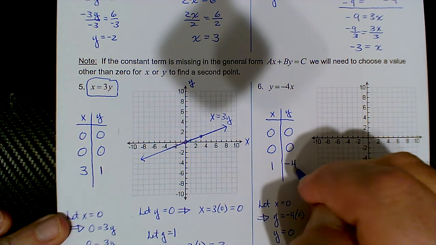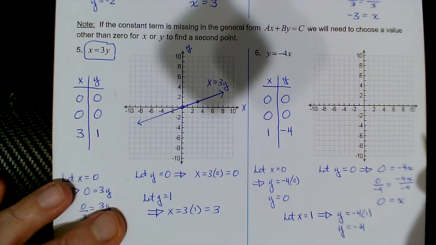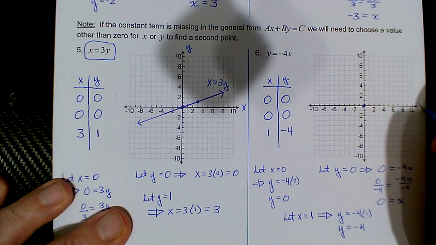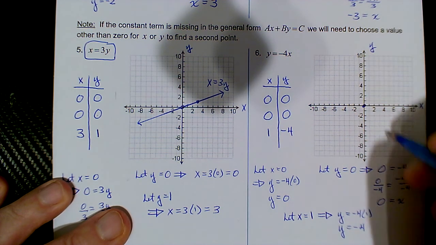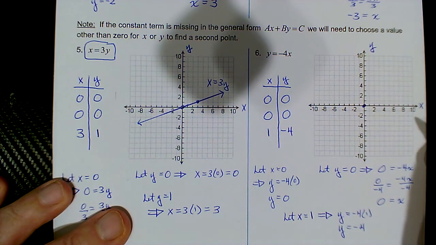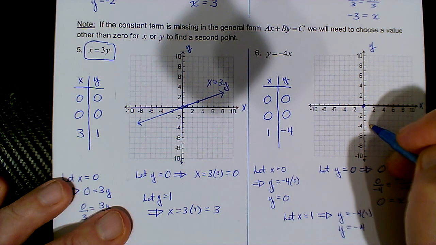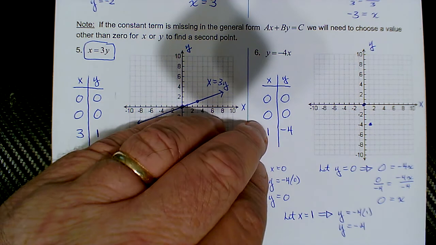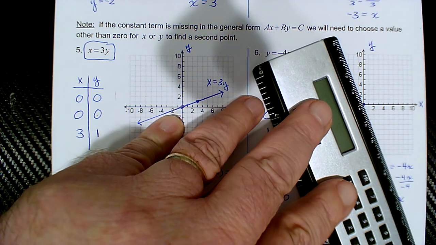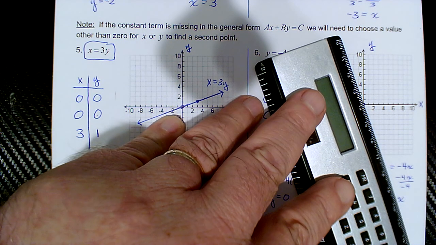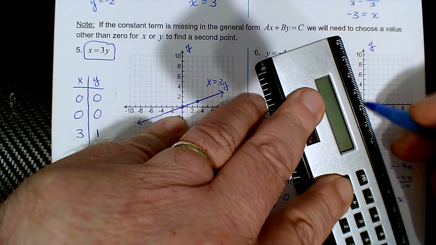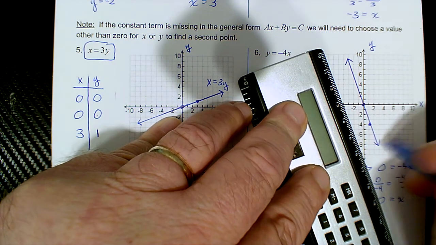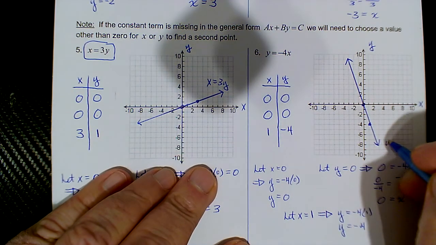And there's the other point that we need. So (0, 0), the origin. Oops, let me label them. The axes, that is, x and y. And (1, -4) looks like right there. 1 in the x, -4 in the y. And so there's our line. And again, I'm going to name it.